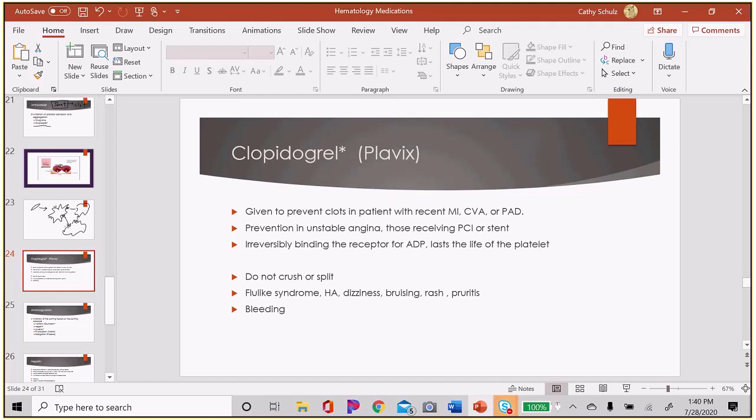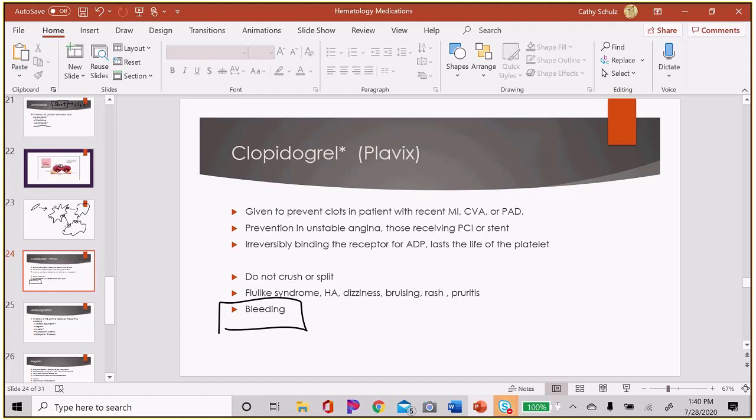Do not crush or split it. Commonly, people will have headaches, some dizziness. The biggest issue, of course, is bleeding, because same with aspirin, we don't want the platelets to get sticky or to bind together, because we don't want them to do that inside of a vessel that's sort of sick with whatever conditions we have.